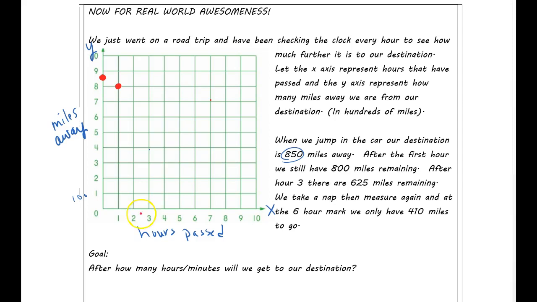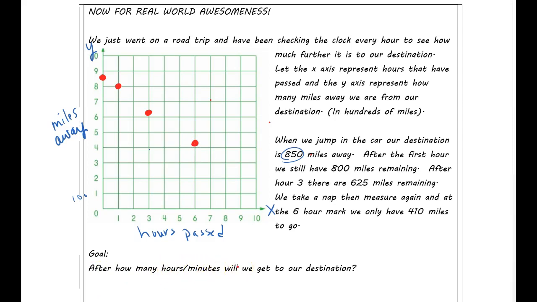Okay. 625 would be, maybe, I don't know, just right above 6, just kind of like right there. We take a nap and then measure again at the 6-hour mark. Okay, so at 6 hours, we have 410 miles to go. So 410. Okay, cool.